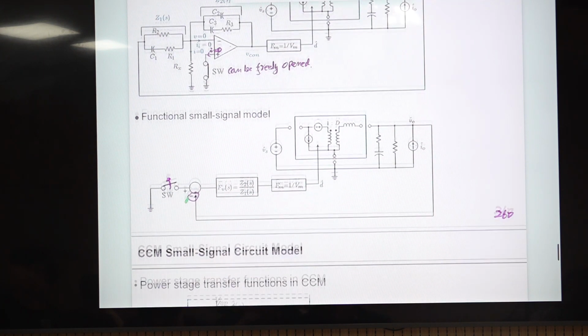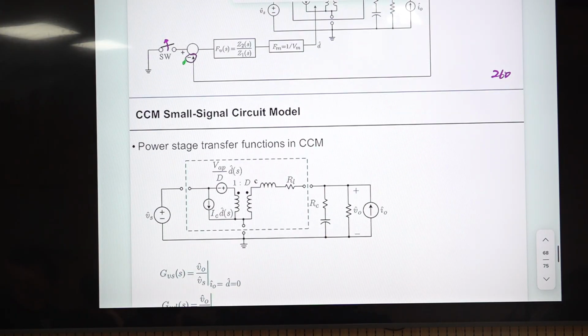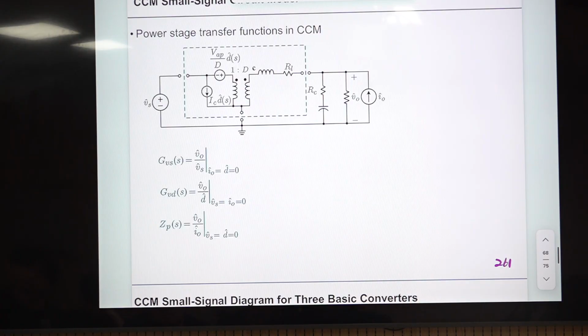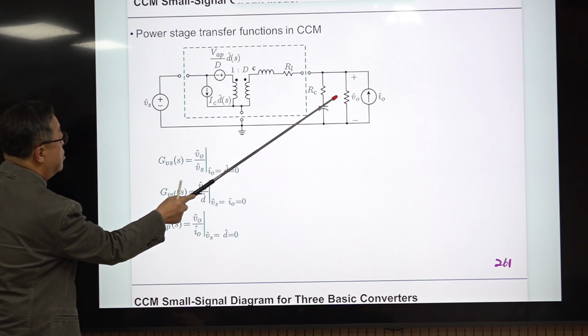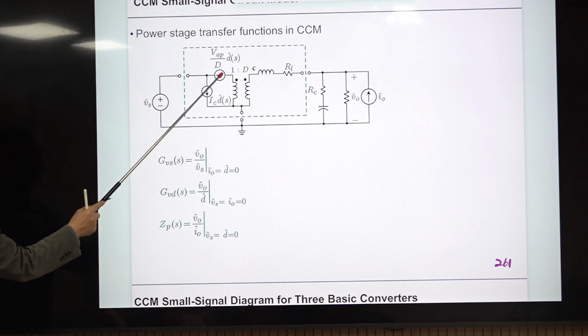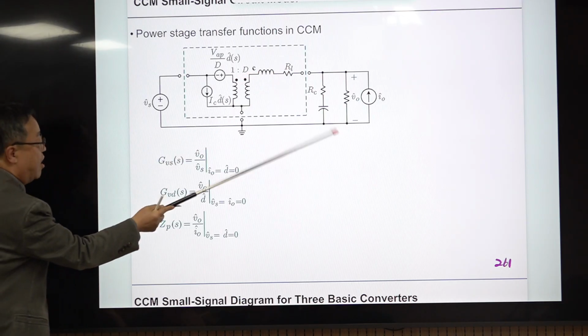And before that, just take a look at the power stage model, okay? This is the power stage model, and from this power stage model, you can easily derive the transfer function from here to there, from here to there, and from here to there, okay?